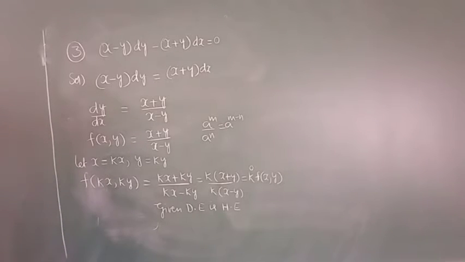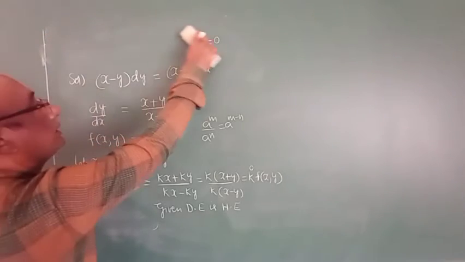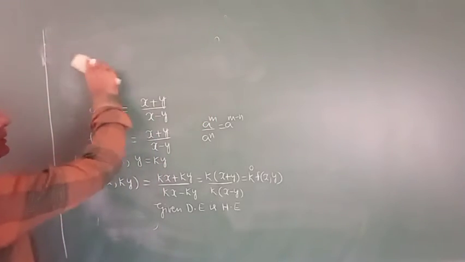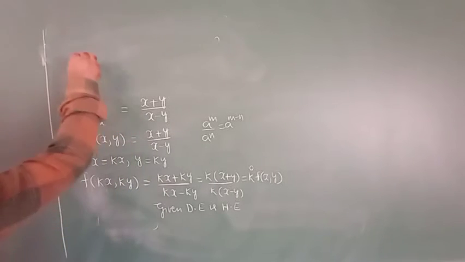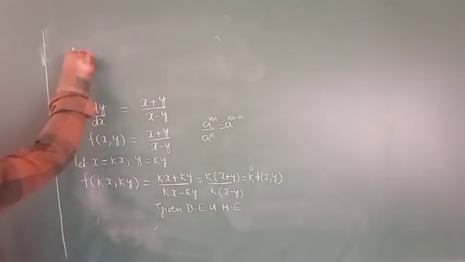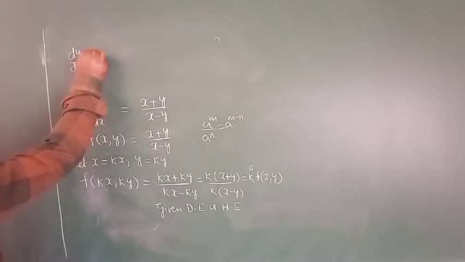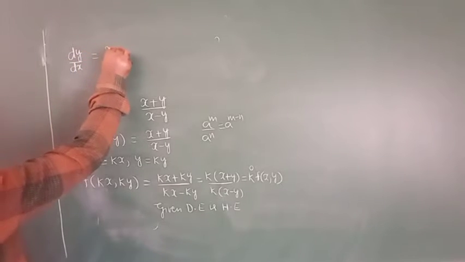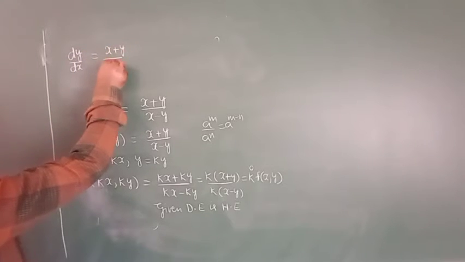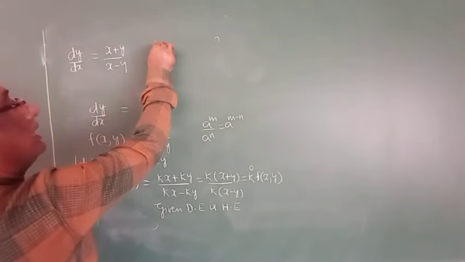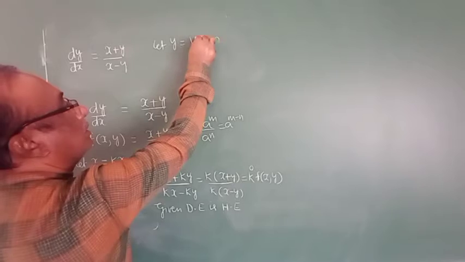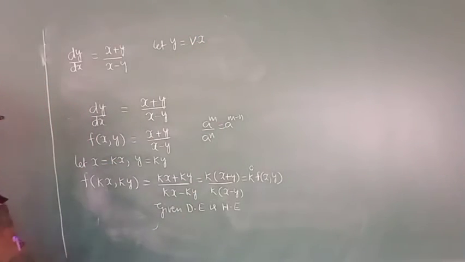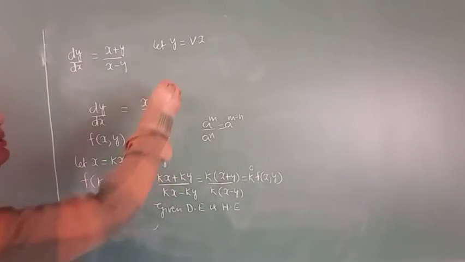Right, everyone go through the second part. Alright, here only second part. Solving of the differential equation. dy by dx is equal to (x plus y) by (x minus y). Immediately let y is equal to v into x, v also variable, x also variable.